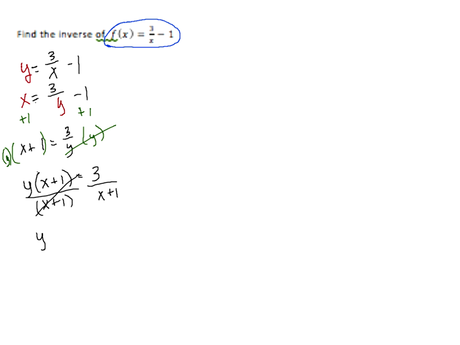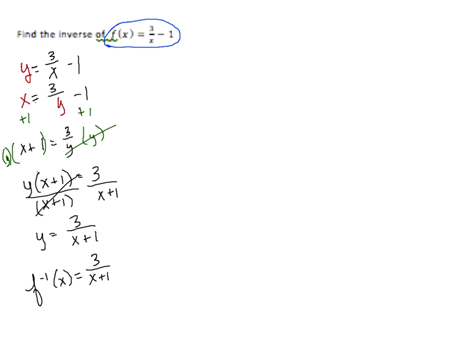So I have y equals 3 over x plus 1. Sure enough, for any value that I place into the function for x, I get one value of y out. So I'm free to say that f inverse of x is 3 over x plus 1.